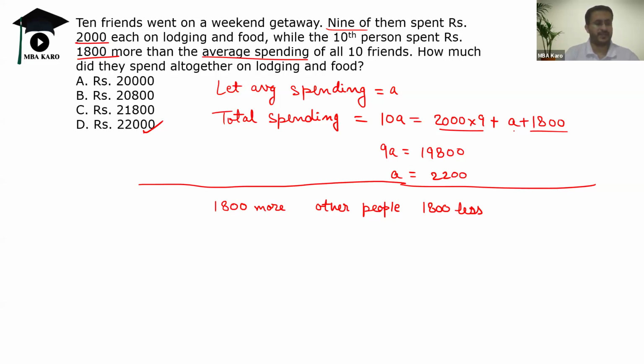So one is spending 1800 more, and other people are spending 1800 less in total. And how many people are there? 9. So that means 200 less per person. They are spending 2000 and 200 less, so average will be 2200. So that is another way to think. And there are 10 people, so you get 22,000 as the answer. So that's the answer to this question.